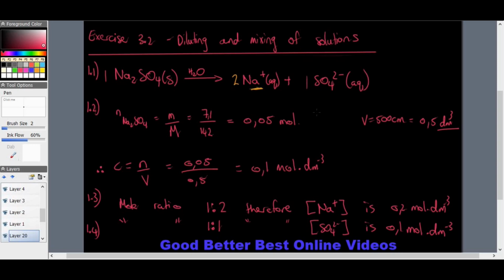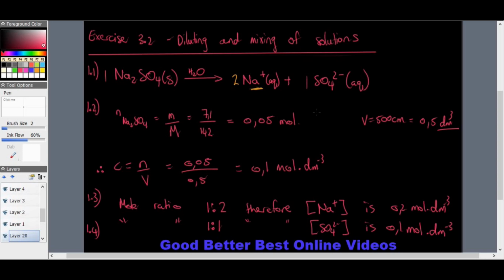I want to give you 1.5 and 1.6 to do on your own. 1.5: if 500 cubic centimeters of water was added to the solution in 1.2, what is the new concentration of sodium plus ions?